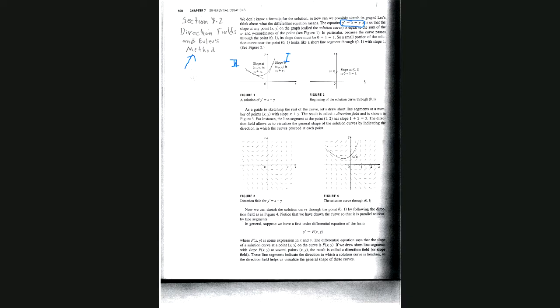Remember, y prime equals x plus y, and so here the slope is x2 plus y2. Who thinks maybe they can tell me why that is?